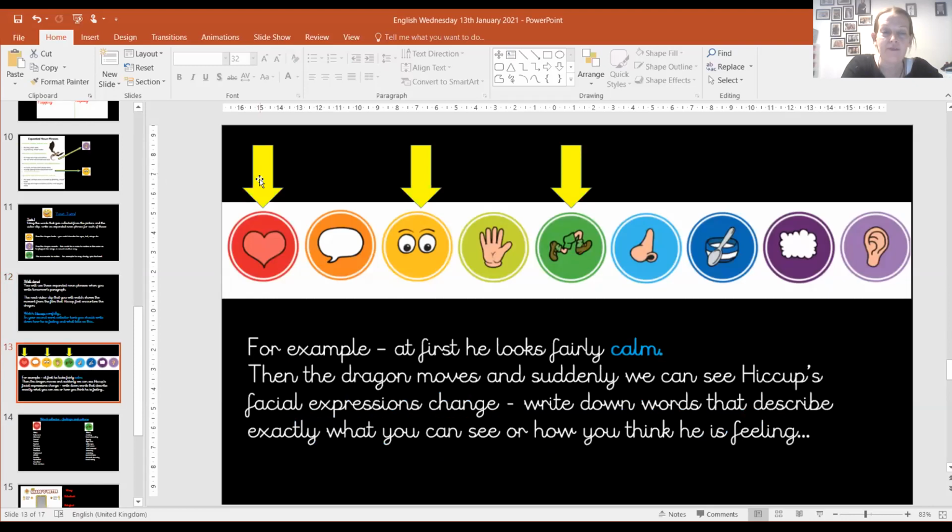So, at first, he looks fairly calm in the film. Then, I'm not going to give too much away, but the dragon moves and suddenly you see Hiccup's facial expressions change. So you're going to write down words that describe exactly what you see or how you think he's feeling.